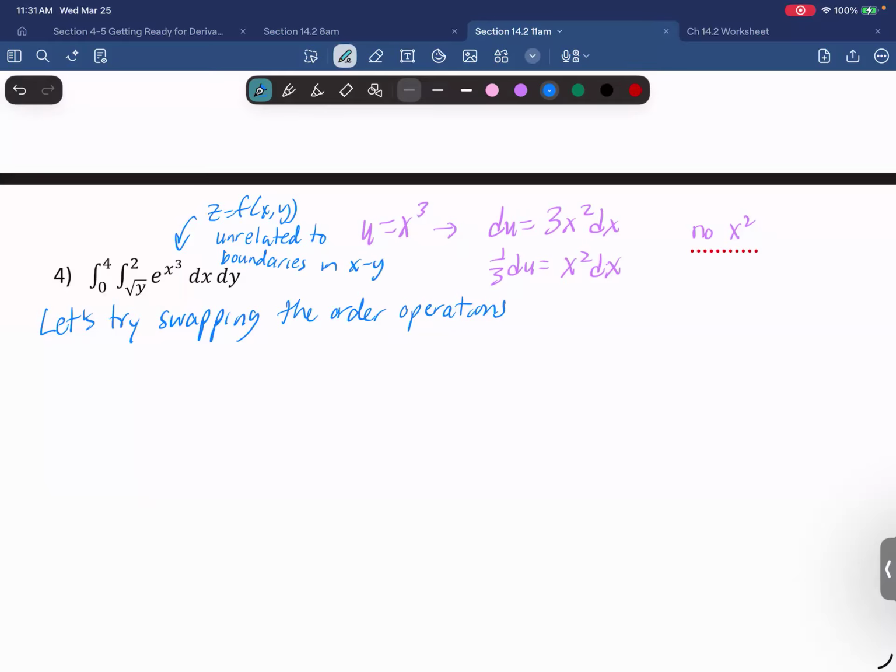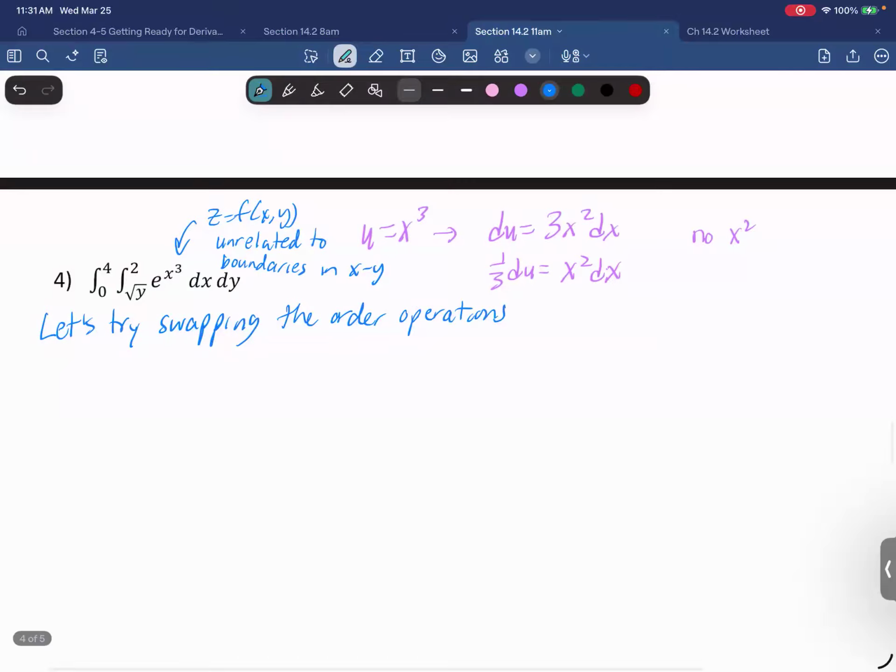So we don't need to look at the e to the x cubed while we're looking at the setup. Just the limits of integration. We're going to look at both because we're going to swap them. We need to know what both look like in the new system. Let's try swapping the order of integration.